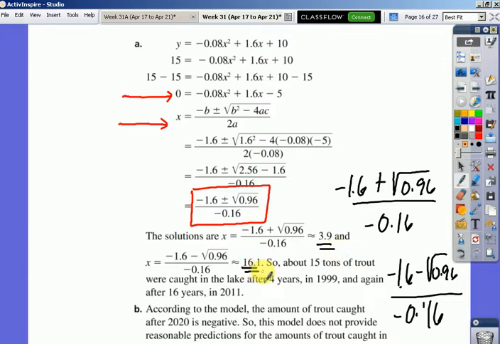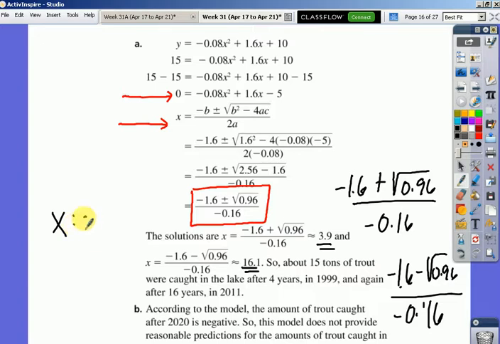You have to think about what those represent. About 15 tons of trout were caught in the lake after 4 years in 1999. X is the amount in years. So back in that word problem, when we were thinking about what X and Y represented, we knew that Y was the amount in tons of trout.